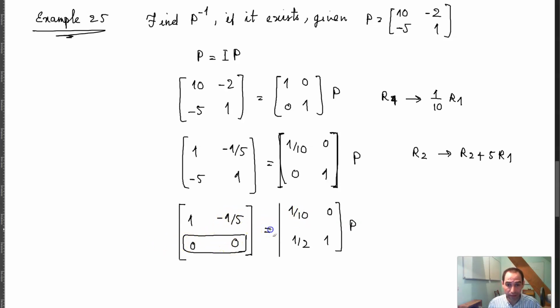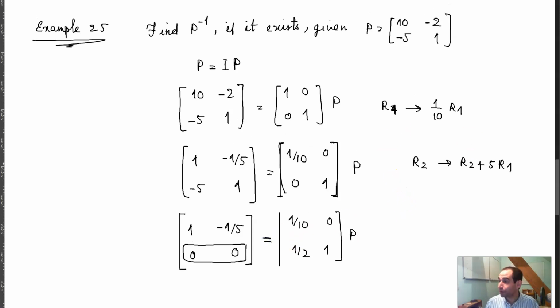And this is not possible because, okay, so basically the sentence that has been written here under this exercise in the text is that we have all zeros in the second row of the left-hand side matrix of the above equation, therefore P inverse does not exist.